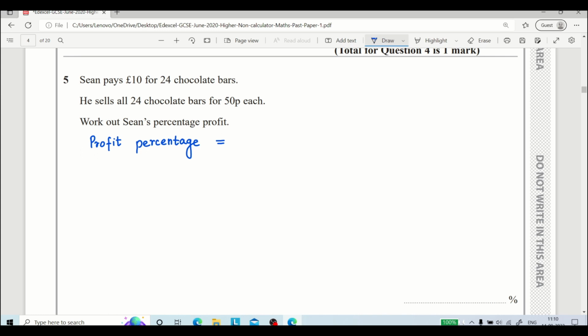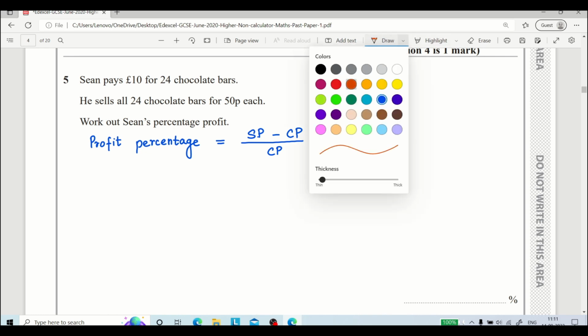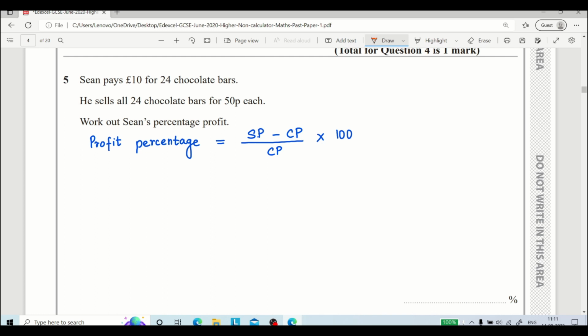So profit percentage is equal to selling price minus cost price over cost price into 100. So yes, let's segregate our values now. What is the cost price here?